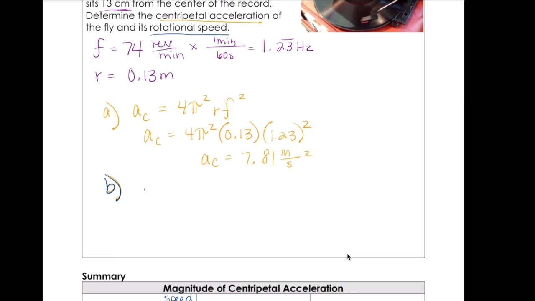So AC equals V squared over R. We just calculated AC in the previous part, and they gave us the radius, so we just plug that information in. So we get 7.81 equals V squared divided by our radius, which is 0.13. And then when we solve for V, we get that it is 1.007 meters per second.